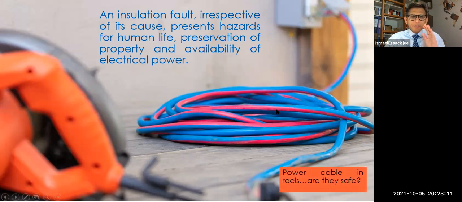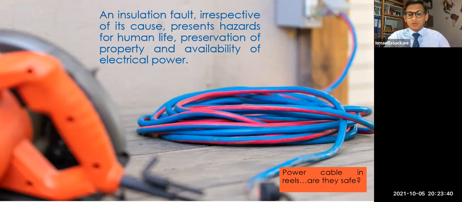This said, since we have it in the picture, is it safe to have these cables in loops like this? You will say yes, this is why we have extension cords, isn't it? No, it's not safe. I won't go into the details, but when you have cable in loops like this, in electrical engineering it is as if you have an inductance. When current flows through an inductance, it increases the current flowing.